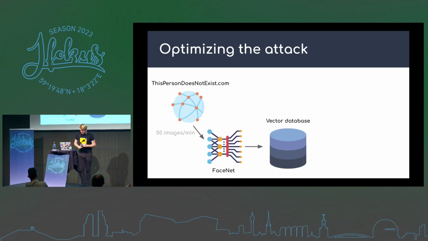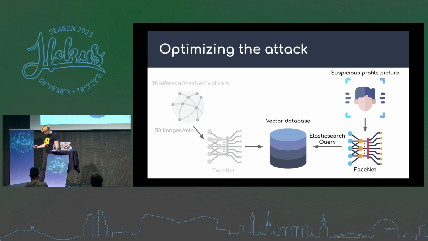So now the program looks kind of like this. We have, still, thispersondoesnotexist. We have the same script that downloads the images over and over, computes the hashes of the faces with FaceNet and indexes them in our OpenSearch database. And now when we have a suspicious profile picture, we just have to compute its hash with the same network and query the index to find the vectors that are the closest.